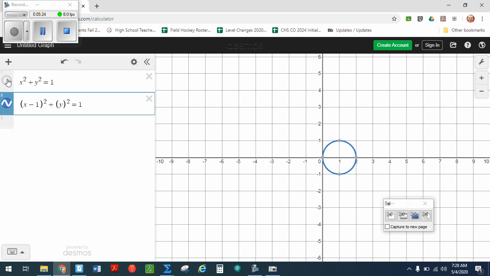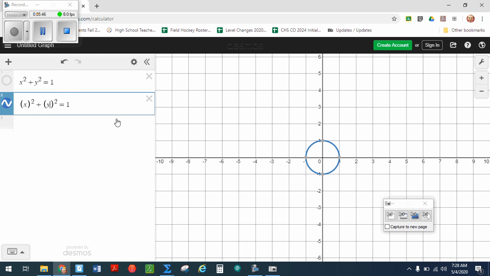I'm going to turn off my red circle. So -1 shifted to the right 1. -4 moves my circle to the right 4. If I do +1, it moves it to the left 1. If I do +4, it moves it to the left 4.